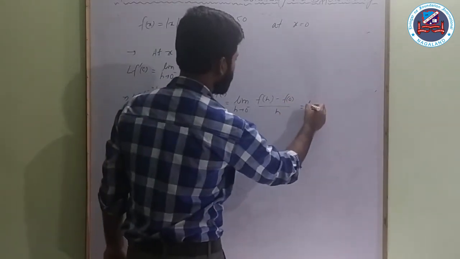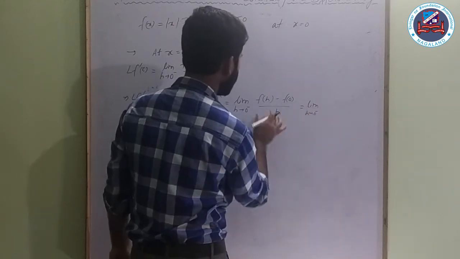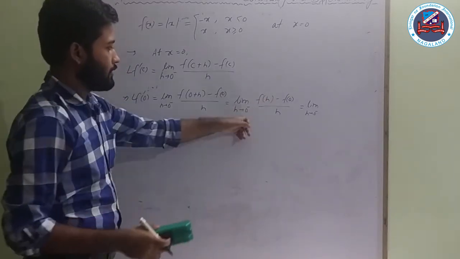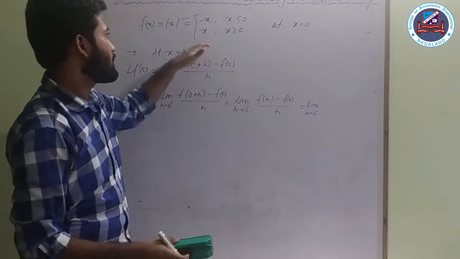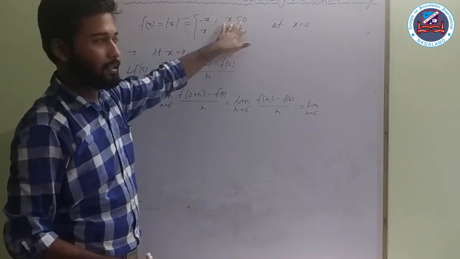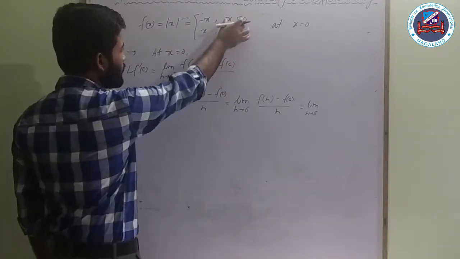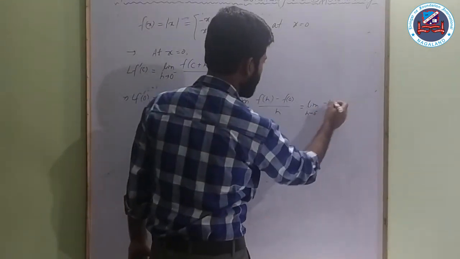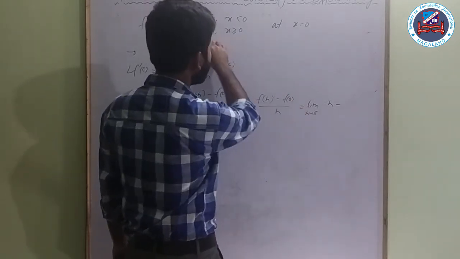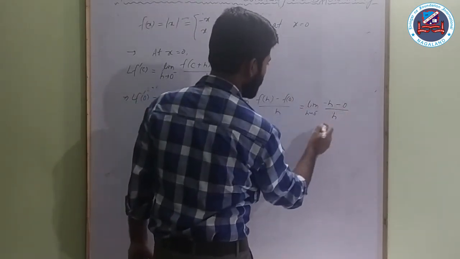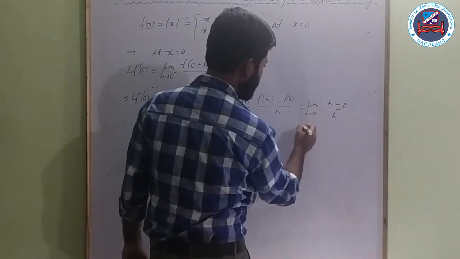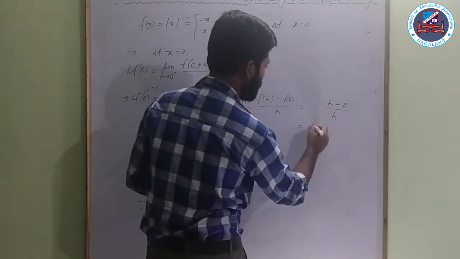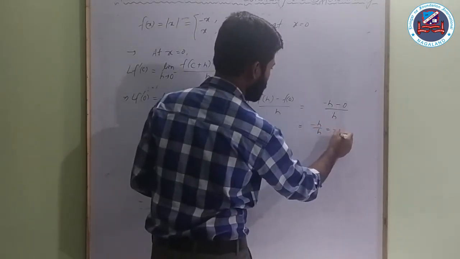Here h is tending towards 0 negative, that means we need to consider the part less than 0. For less than 0, f of x is minus x. So in place of f of h we shall write minus h, and f at the point 0 is 0, divided by h. So we get minus h by h, and that is equal to minus 1.